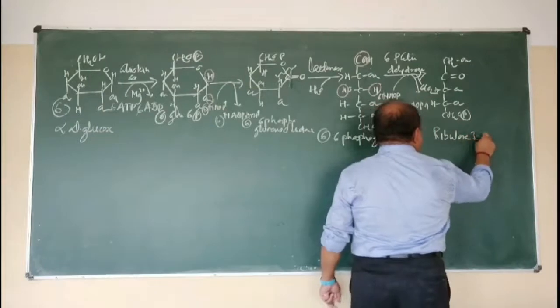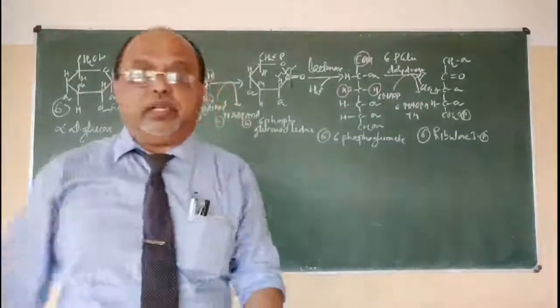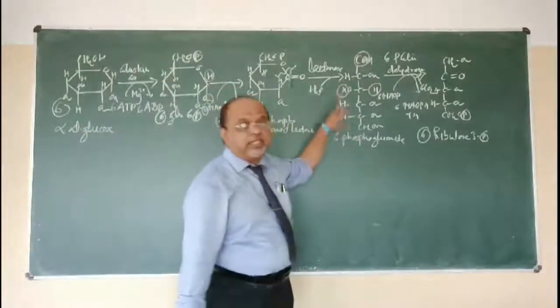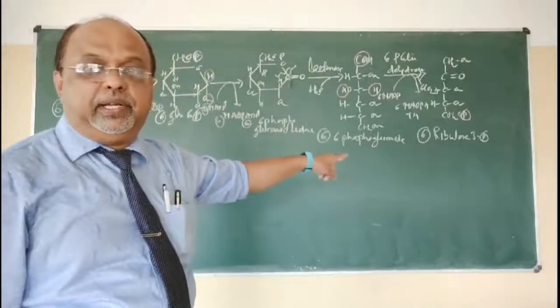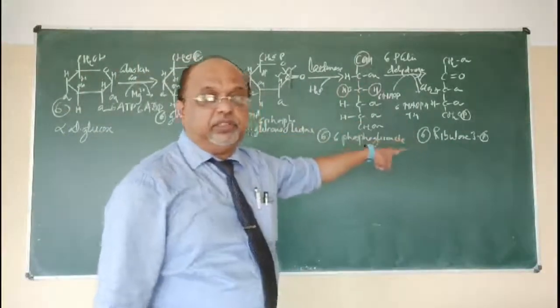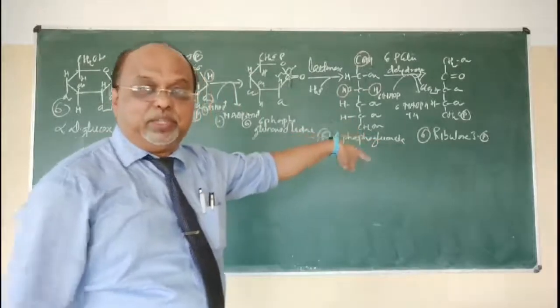Ribulose 5-phosphate, 6 molecules. Now you can consider here there was a 6 carbon compound, 6-phosphogluconate. But after the reaction, what is formed is ribulose 5-phosphate, which is a pentose.